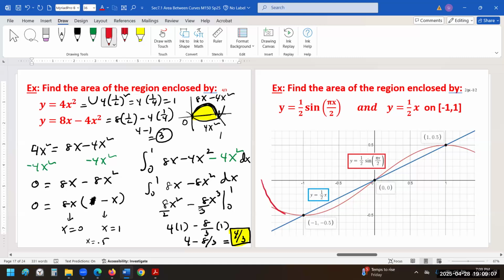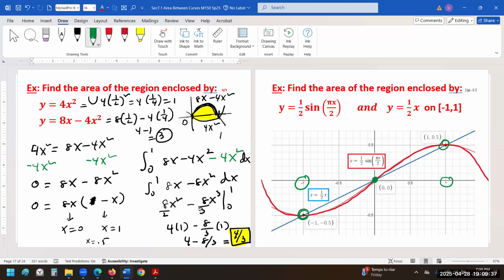Sine goes from 0, goes up, and then goes down. And then on the left side, it goes down, and then goes up. And y equals x is a straight line. So from the graph, you see that they intersect not only here and there, which is -1 and 1, but they also intersect once in the middle, at 0.